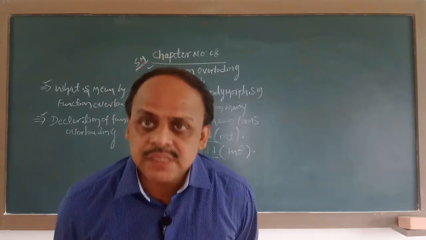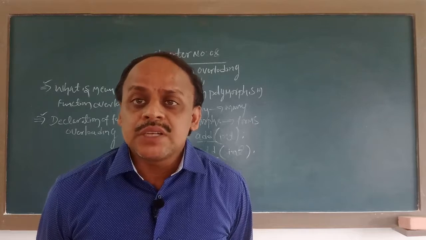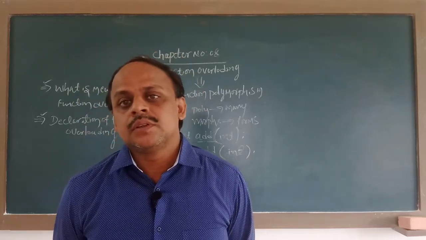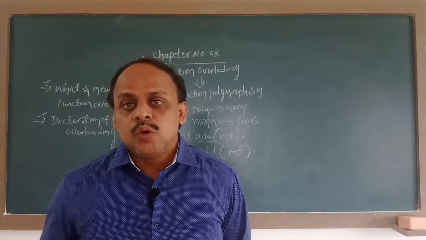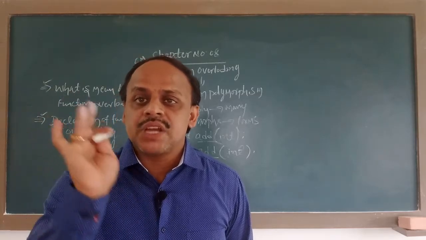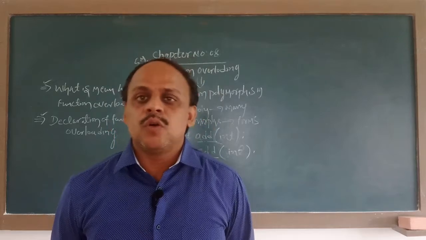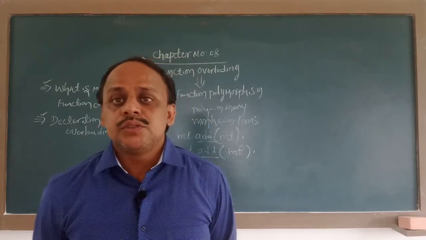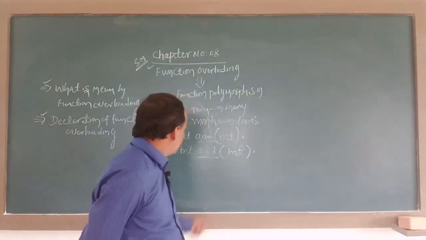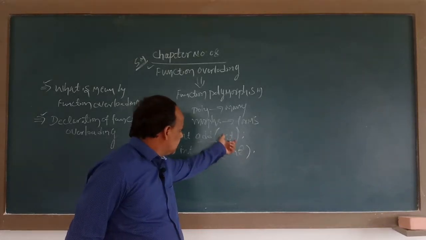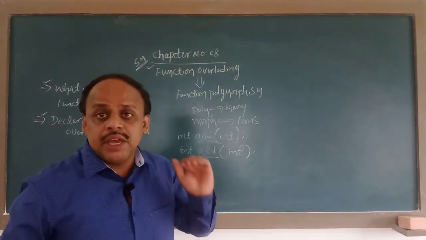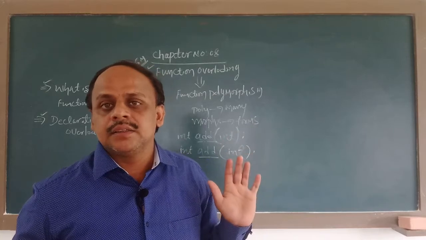Yes, C++ allows a number of functions with the same name. Those functions must have different signatures, then function overloading is allowed. Different signature means the parameters we consider in the functions must be different.